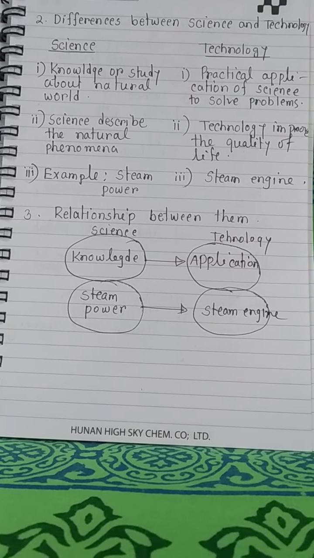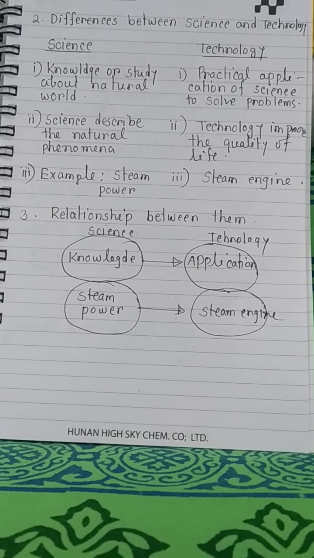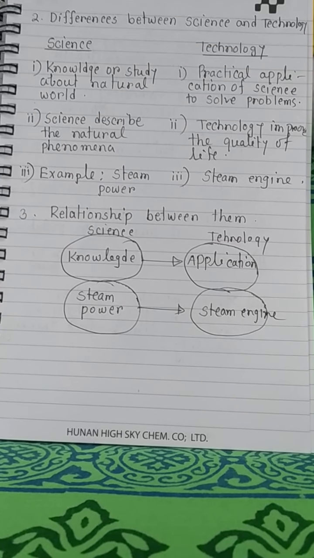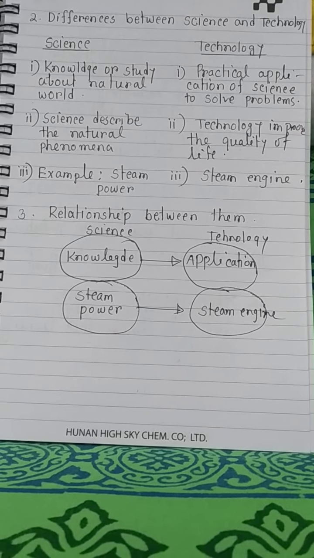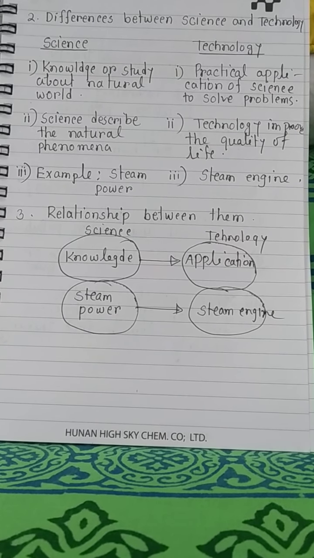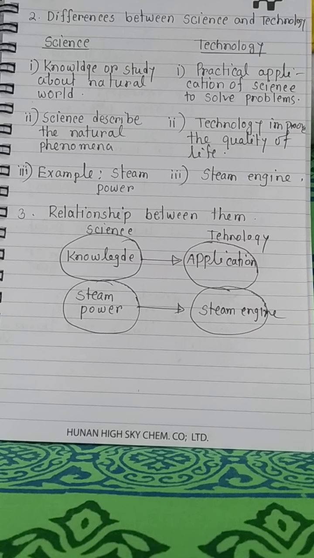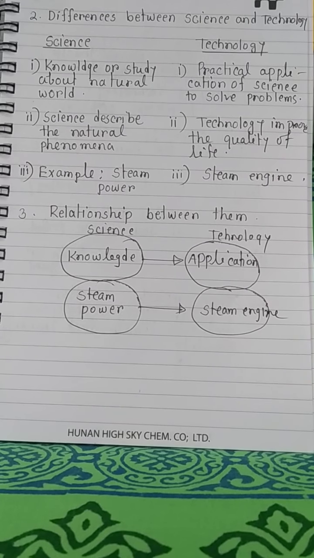I will discuss first the differences between science and technology and then the relationship between them. First thing is the differences between science and technology. For making the differences, I just make 3 points here. First thing, science and then technology.